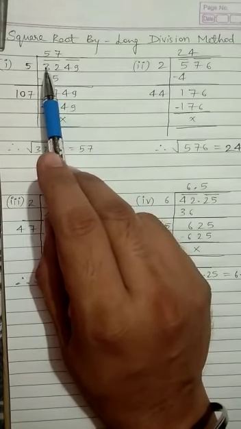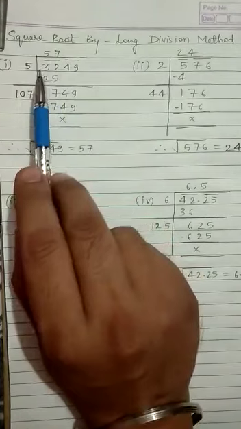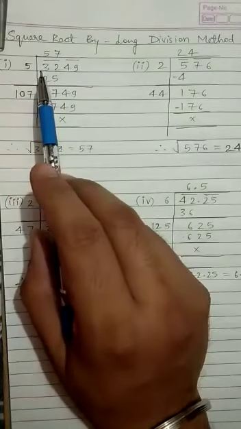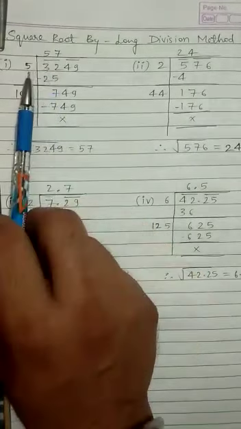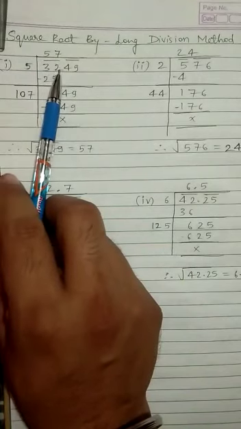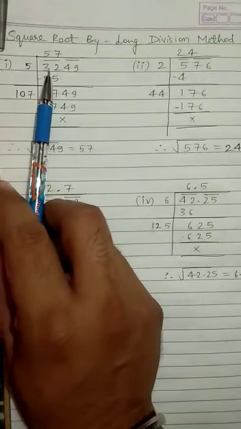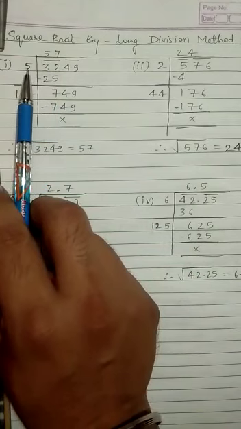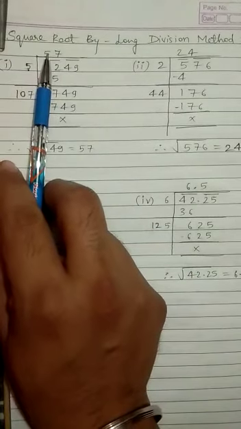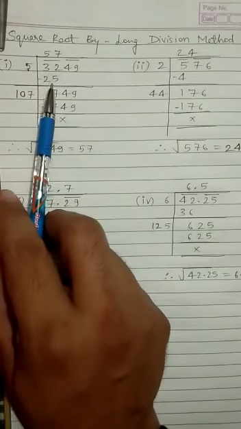Now we have to find a number which multiplied by itself gives exactly 32 or less than 32. If we multiply 5 5s are 25, we will get less than 32.